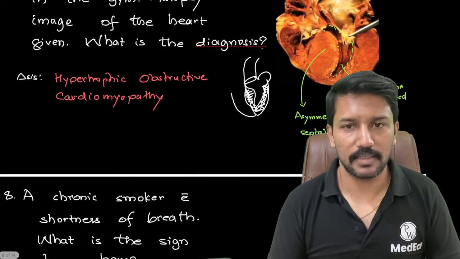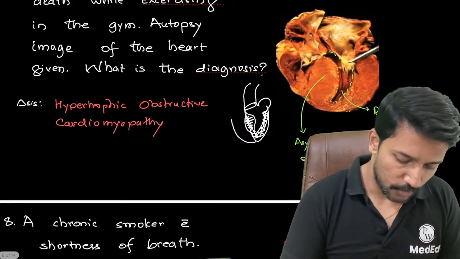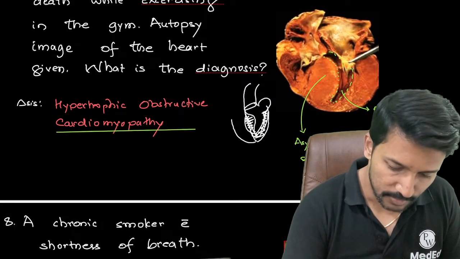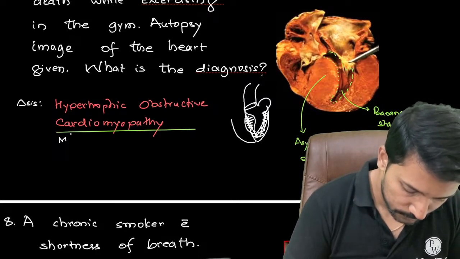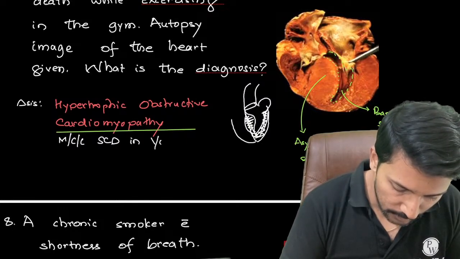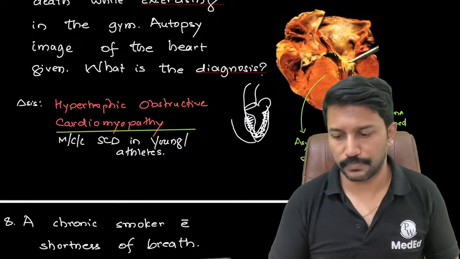Why do these patients die suddenly? Please remember, hypertrophic cardiomyopathy is the most common cause of sudden cardiac death in young individuals and athletes.